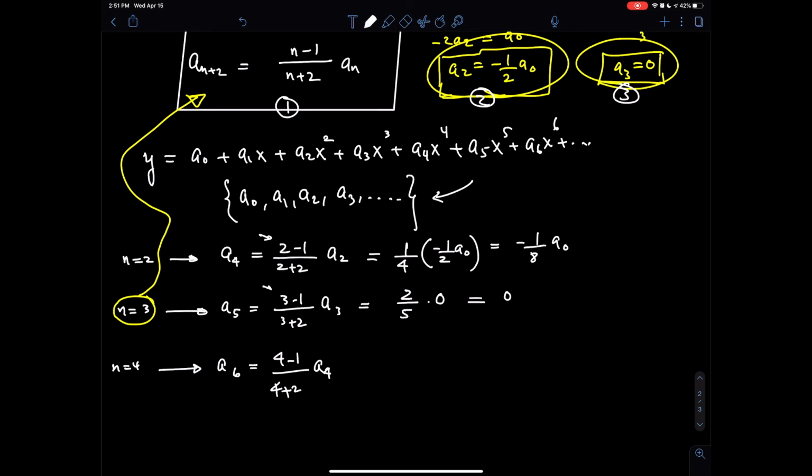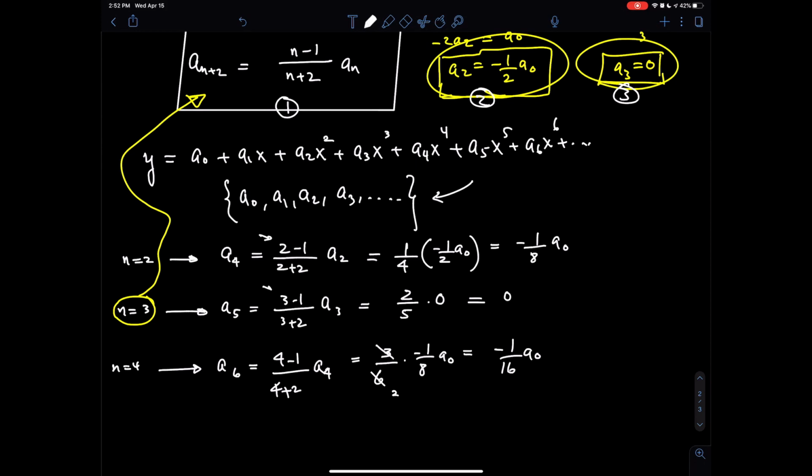So it's kind of easy to see the pattern once you get into the groove of it. So this becomes 3 over 6 a4, but what is a4? a4 is minus 1/8 a naught. Okay, 3 and 6 reduce to a half, so you get minus 1 over 16 a naught.